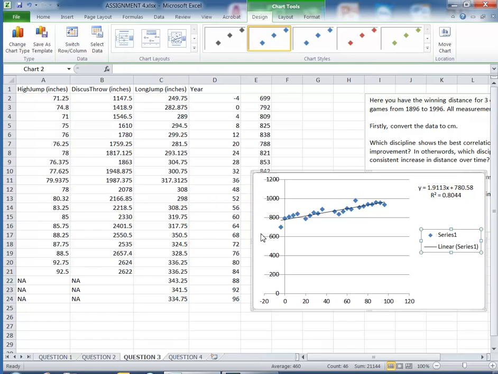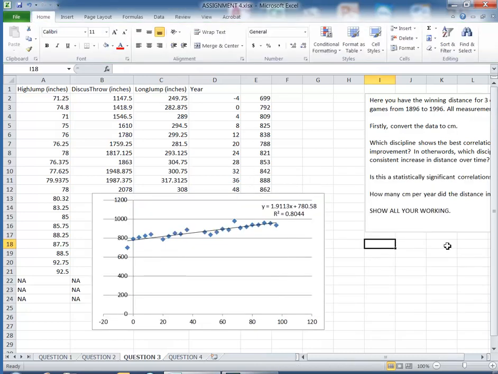I add a trend line and go, I want the equation and I want the r squared. The r squared is telling us how much variation in the x variable, so the year, how much does the variation in that variable explain variation in the other variable. So essentially, how well can we predict the y variable based on the x variable? And we can read it as a percentage.